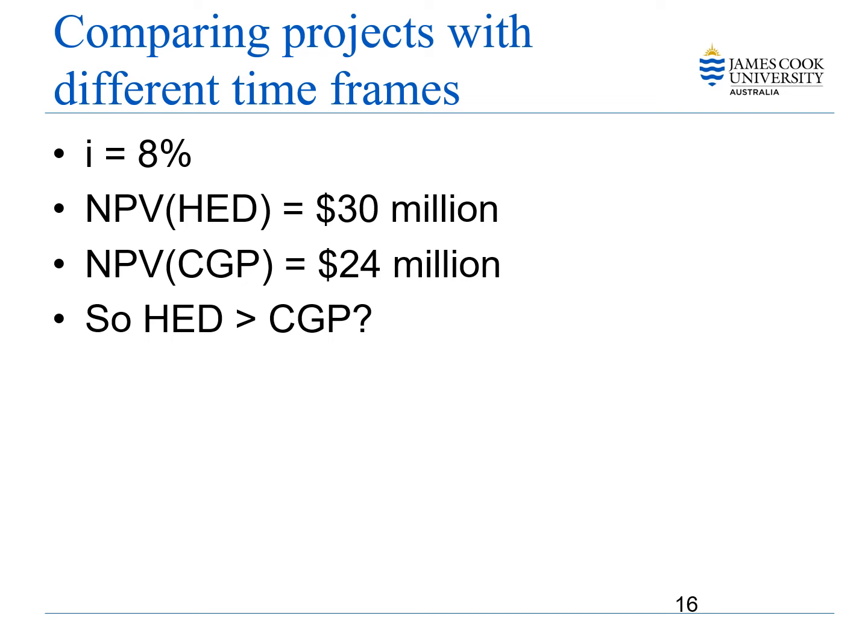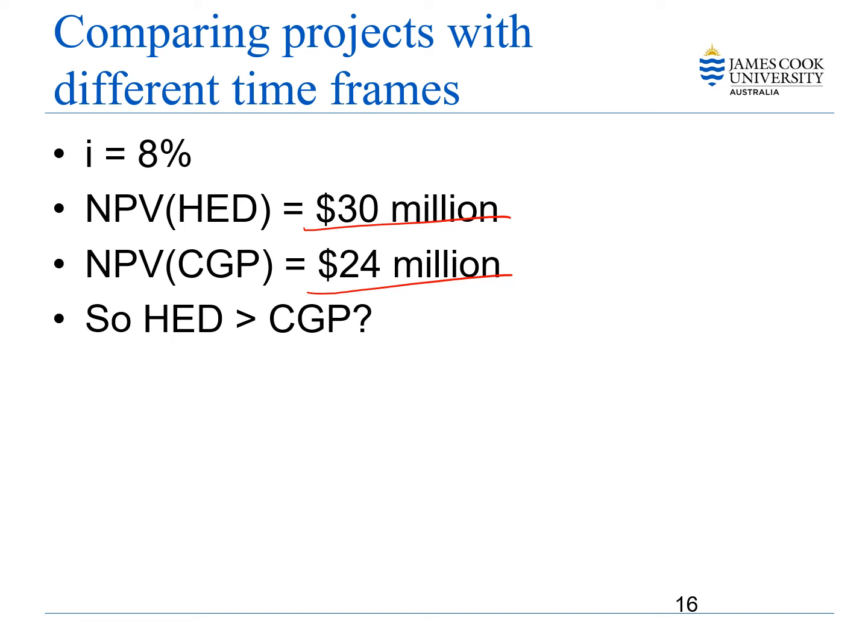The discount rate is 8%, and further suppose that we already calculated the NPV for the hydroelectric dam project to be $30 million, and the NPV for the cogeneration project to be $24 million. Can we just, based on these two NPVs, conclude that the hydroelectric dam project is better than the cogeneration project?